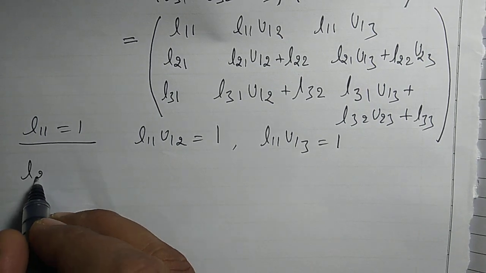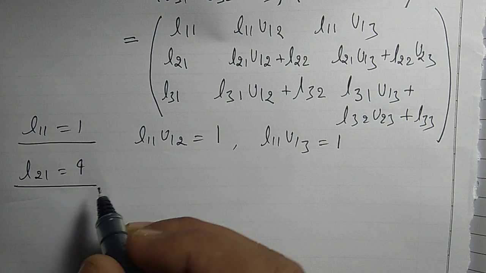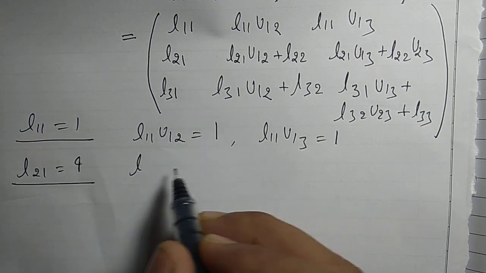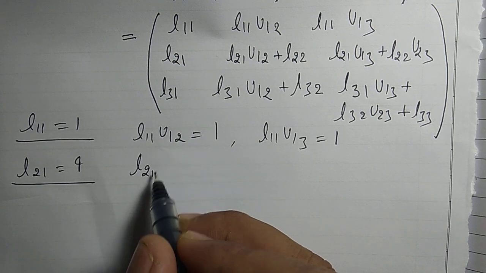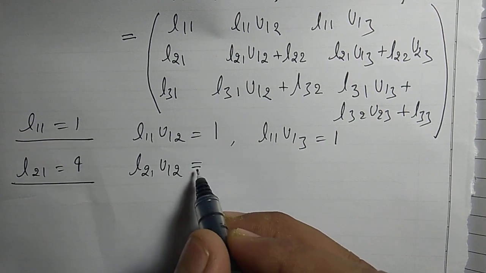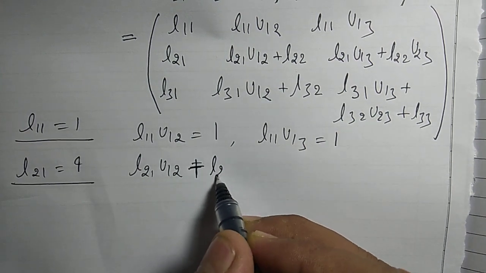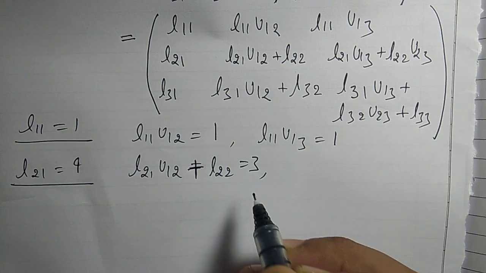The fourth equation gives L21 equal to 4, and the fifth gives L21 U12 plus L22 equal to 3.